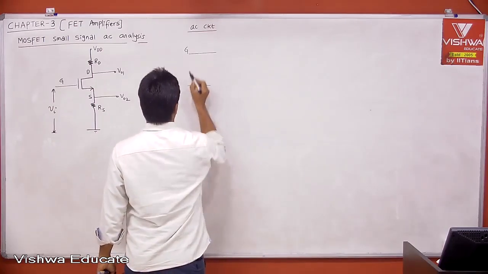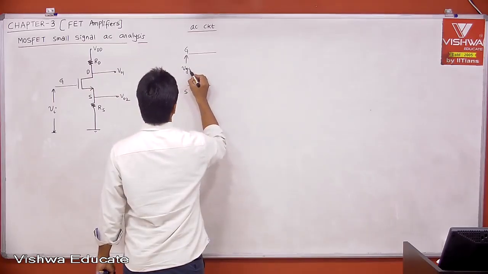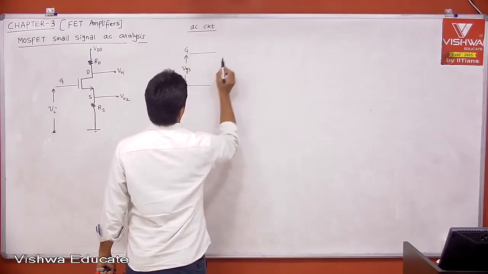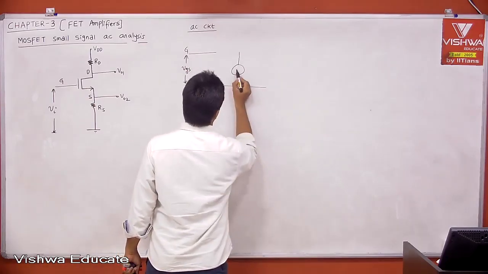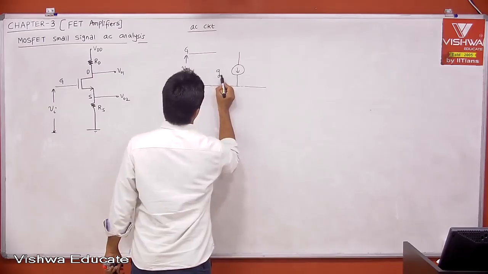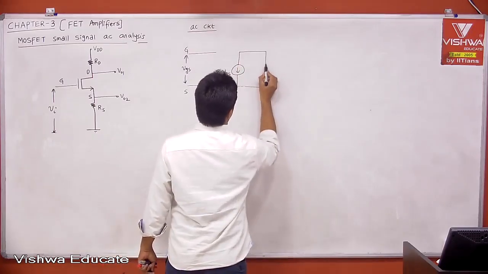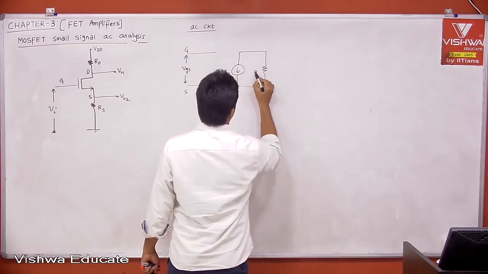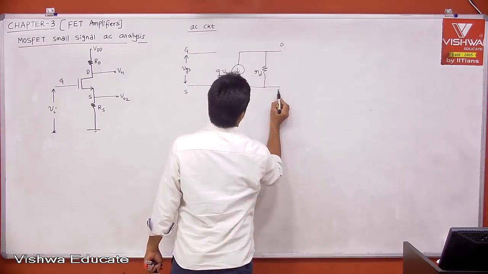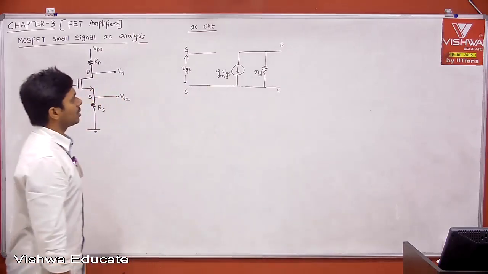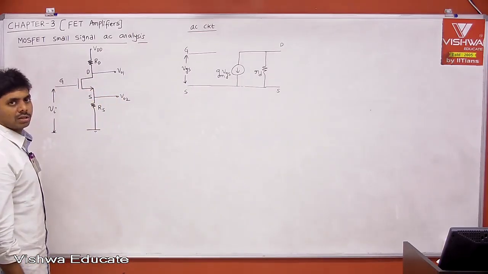This is gate, source, this is VGS, and this is your voltage controlled current source, gm into VGS, and small rd. This is the drain and source. This is your MOSFET AC equivalent resistance or dynamic representation.